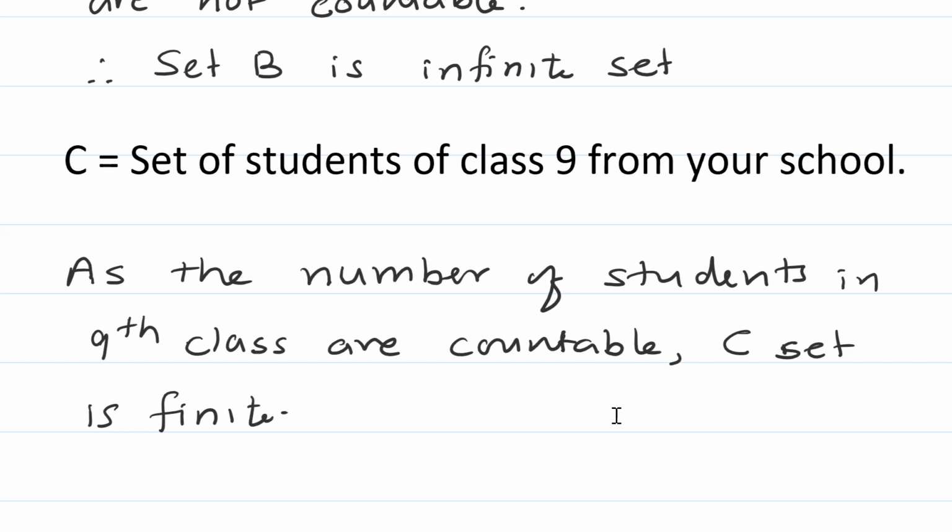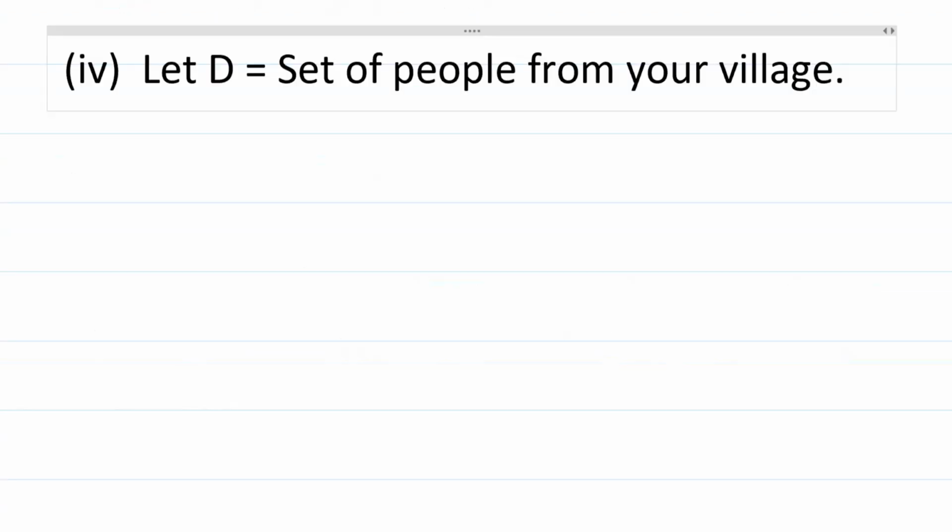So final answer, set C is finite. Now consider the next problem. Let D be the set of people from your village. Now we can count the number of people in the village and therefore set D is finite.